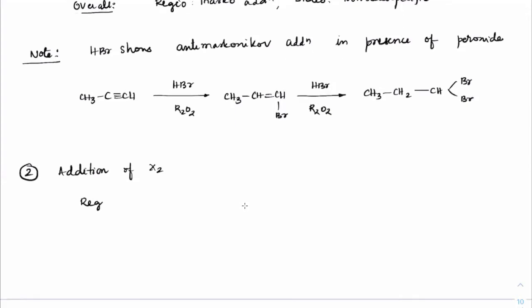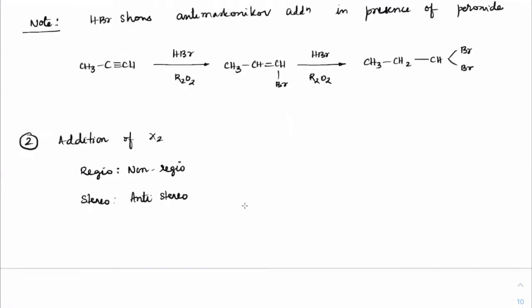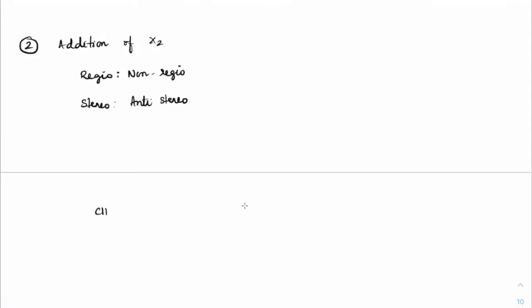Here, regioselectivity-wise, it is non-regioselective. But when it comes to stereo, it will be anti-stereospecific. For example, take CH3, C triple bond CH, treating with Br2 and CCl4.